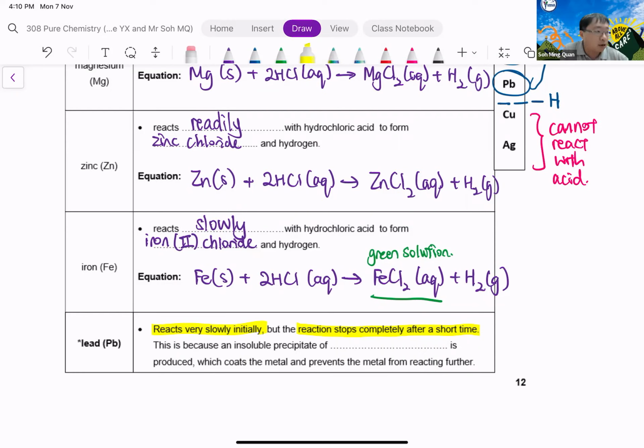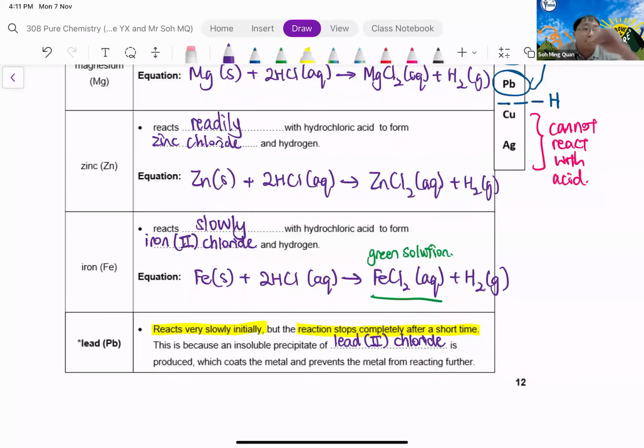The reason is, if you think about it, lead will form what with HCl? Lead forms lead 2 chloride. If you think about the solubility rules, all chlorides are soluble except the LS, right? Lead 2 chloride, silver chloride.